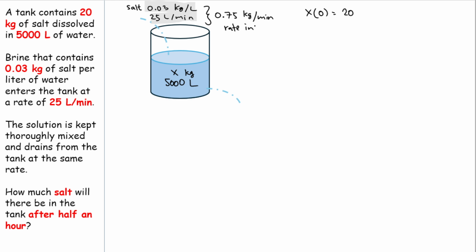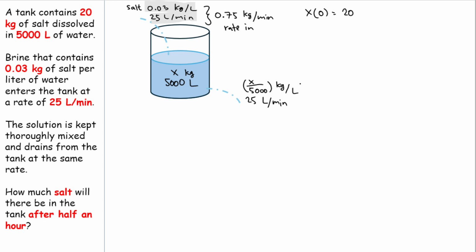Now let's see the salt going out. It goes out at the same rate, which is 25 liters per minute. We don't know the concentration of the salt, but we have it as a variable, x over 5000 kilogram per liter.